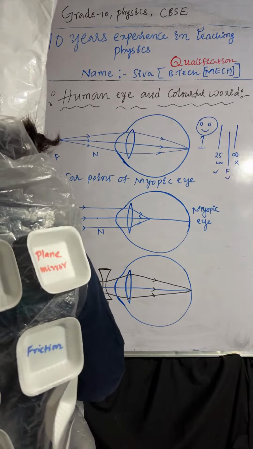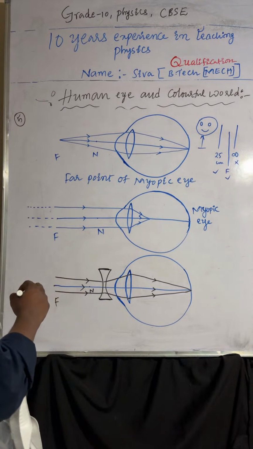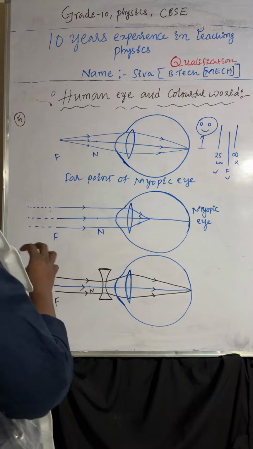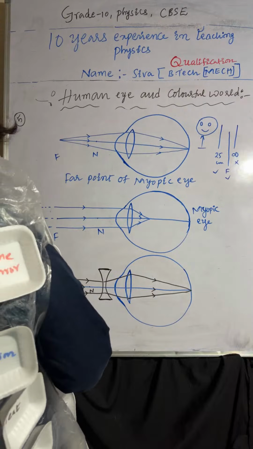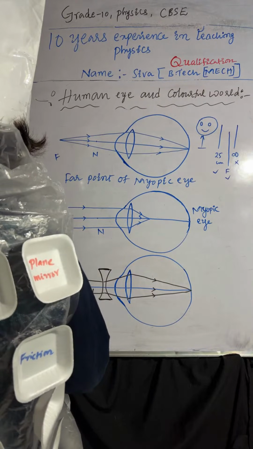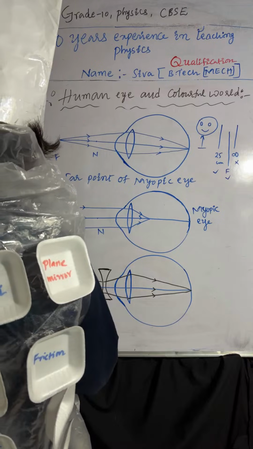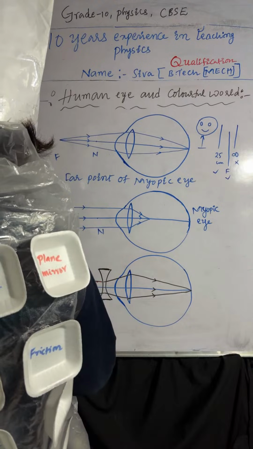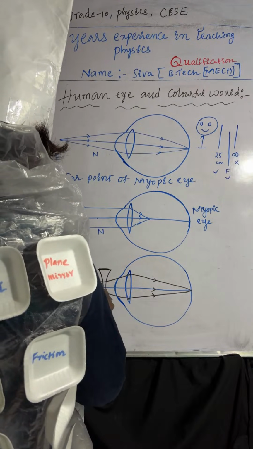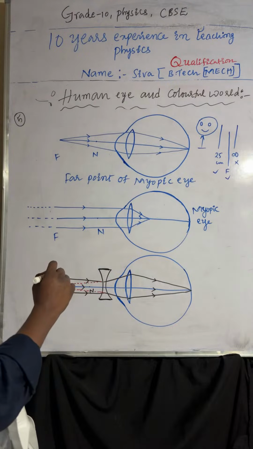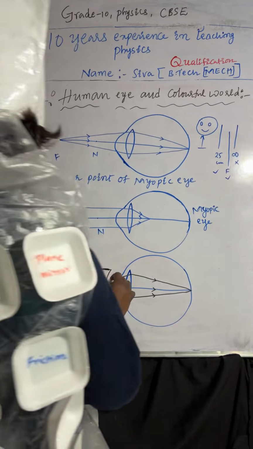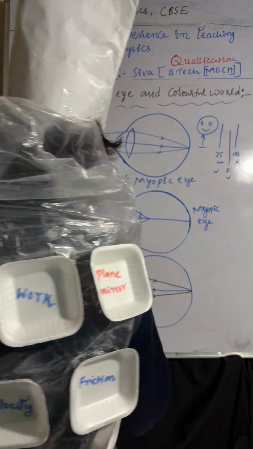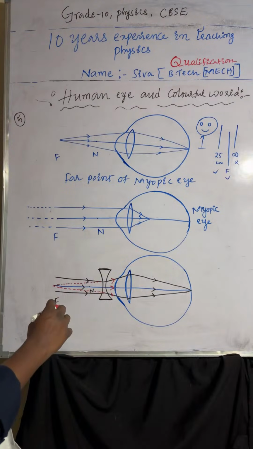Here you can observe like this. These dotted lines will come here. Understood or not?